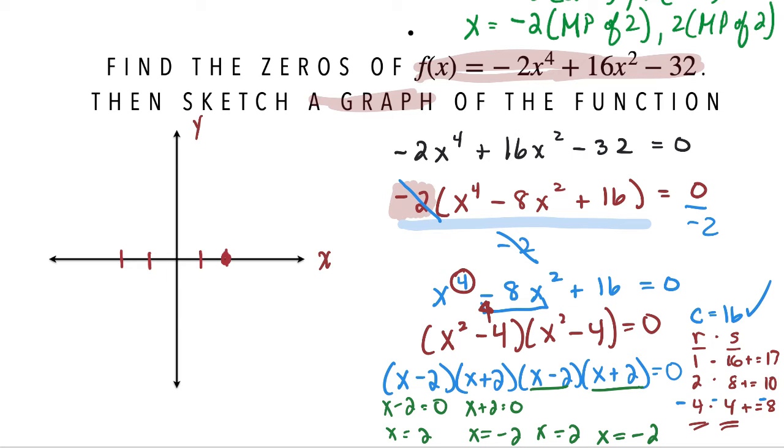So let's see what else we know about this function. One of the things that is always easy to find is the y-intercept, because the y-intercept is where the function crosses the y-axis. And to find the y-intercept, all you have to do is let x equal 0. Find the f of 0.